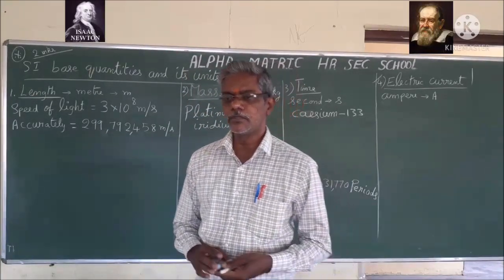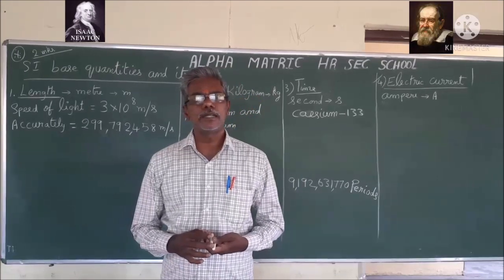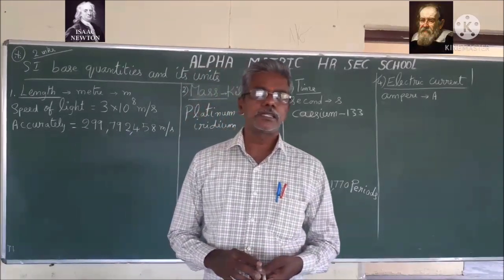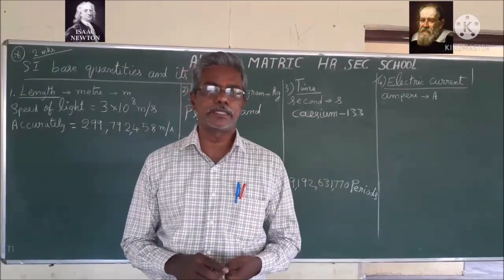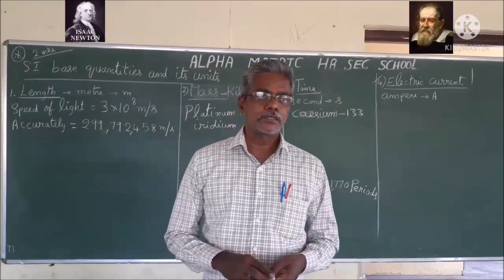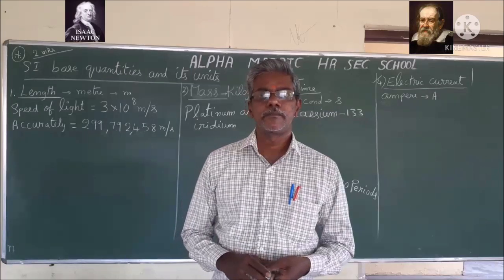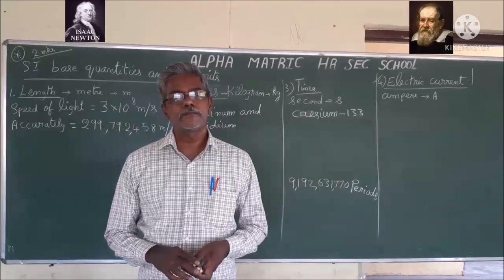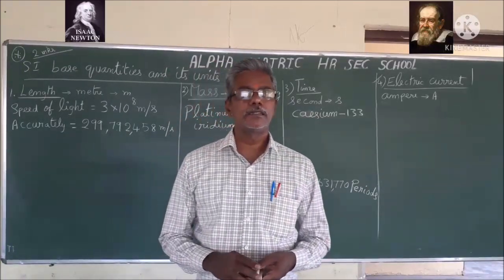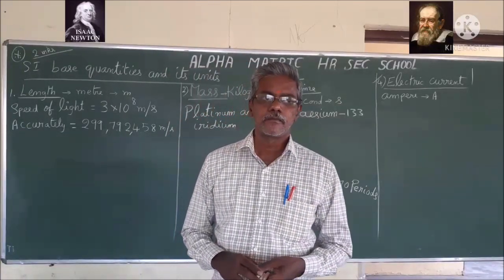Then you studied units. There are two types of units: fundamental units and derived units. Then you studied systems of units. There are three systems of units: FPS system, CGS system and MKS system.